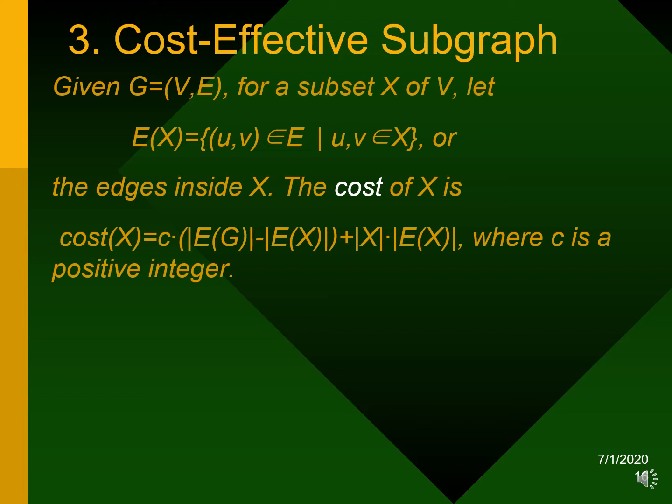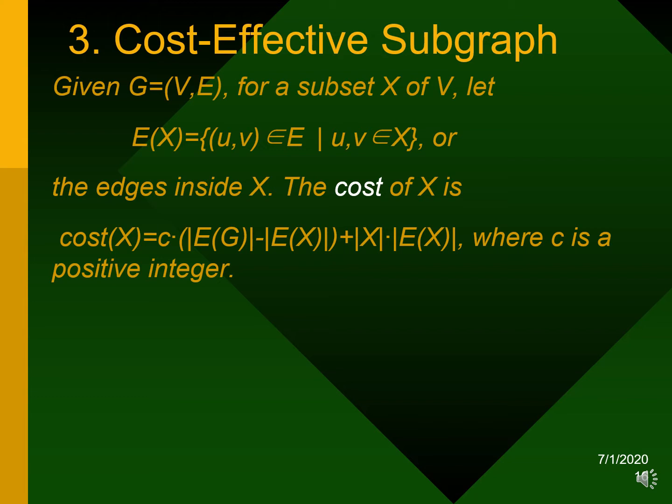For a subset X of V, I define E(X) as all the edges such that their vertices are both in X. So in other words, E(X) is the set of edges inside this set X. The cost of X is a little bit tricky.